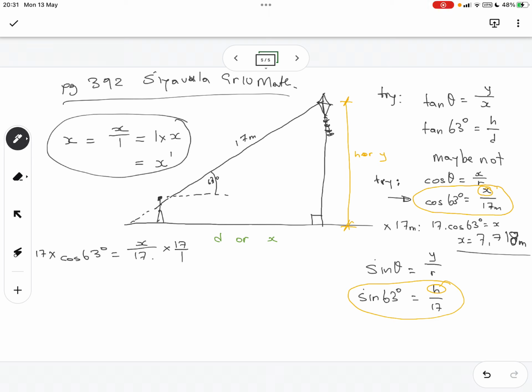are based on the basic rules of maths, which we can always do a refresher on. That's why when I solve problems, I always say we do additive inverse, multiplicative inverse, to show that I don't want you to get confused. I went from cos 63 equals x over 17 to x equals 17 times cos 63.